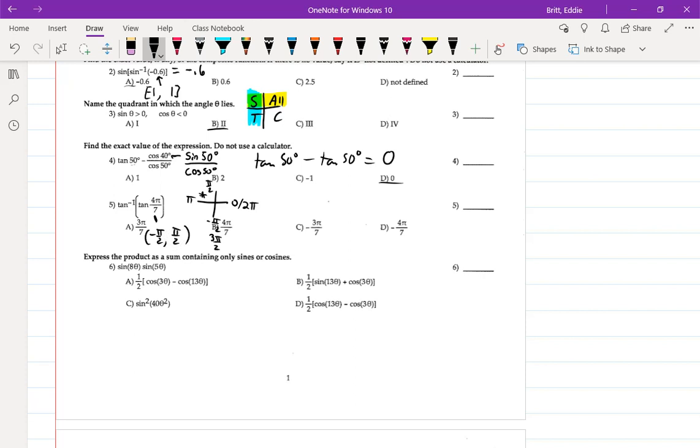So what we have to do is change it over into the quadrant that would have the same positive or negative sign as this answer in here. Since this is in the second quadrant, tangent is negative in the second quadrant.